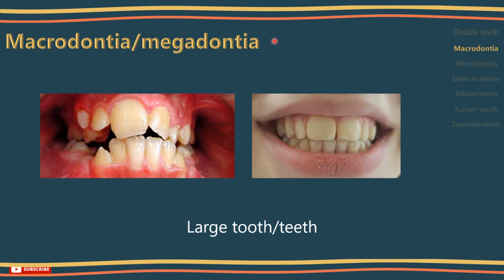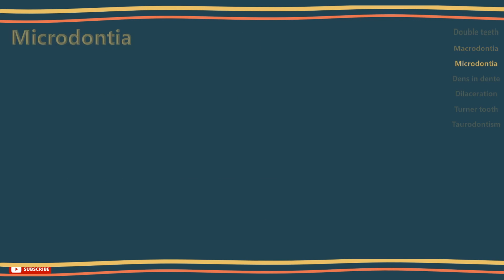Number 2. Macrodontia or megadontia simply means larger tooth than normal. Generalized macrodontia is rare but is unilaterally associated with hemifacial hypertrophy. Isolated megadont teeth are seen in 1% of secondary dentitions. Number 3.